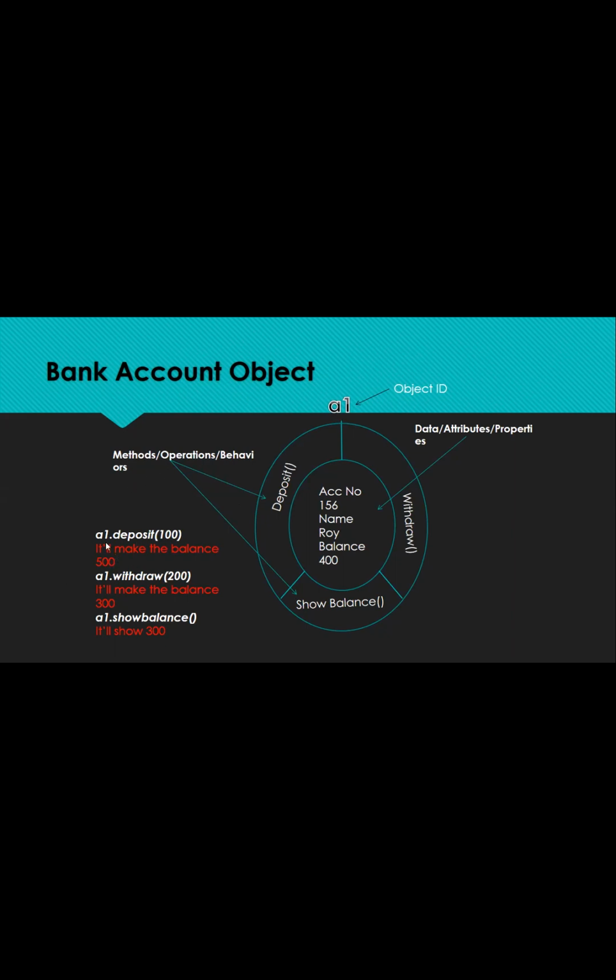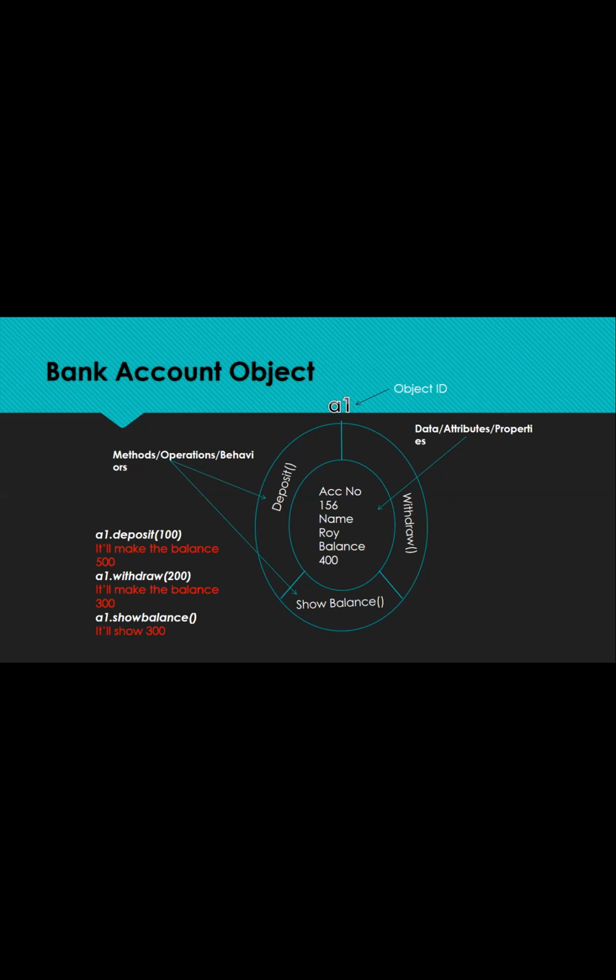Then look, A1 deposit 100. Then I'll make the balance 500, because why is that? The balance was already 400, right? So if in the deposit method it deposits 100 rupees, what will happen? The attribute will change.